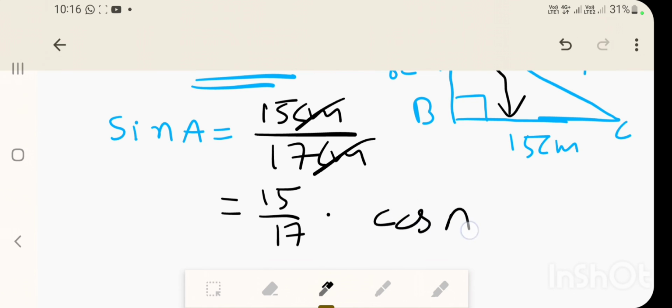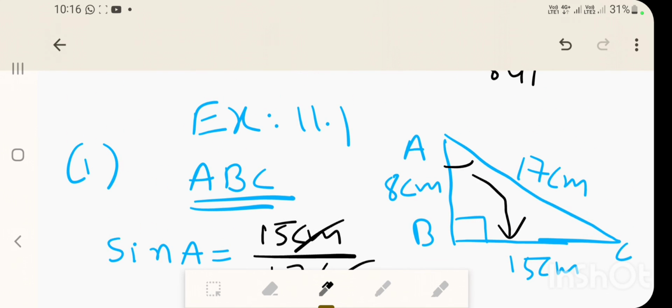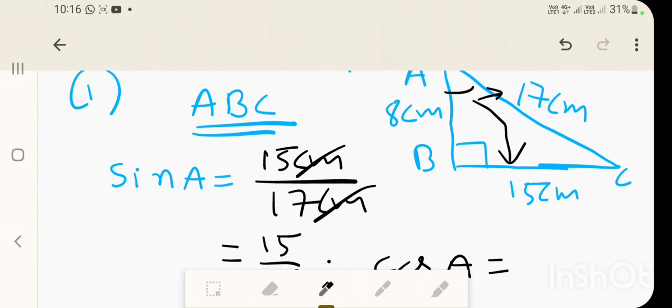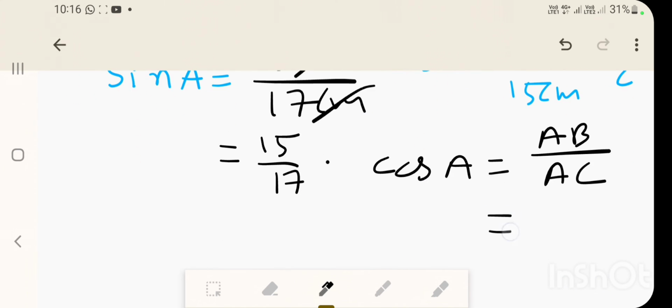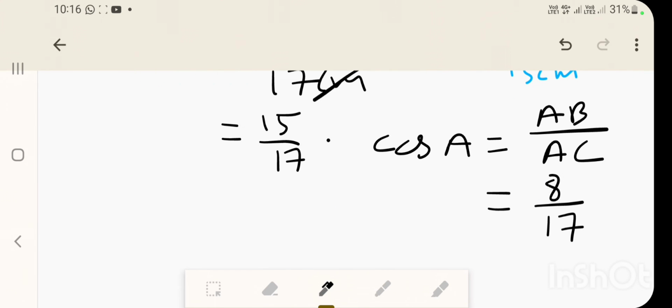And we can calculate cos A. Cos A is the length of the adjacent side, that is AB, divided by the hypotenuse AC. AB is 8 centimeters and AC is 17. Always remember, the length of the hypotenuse is going to be longer than the other two sides.